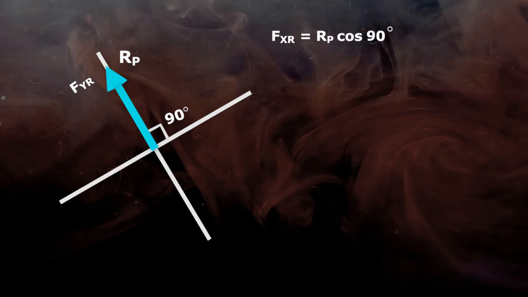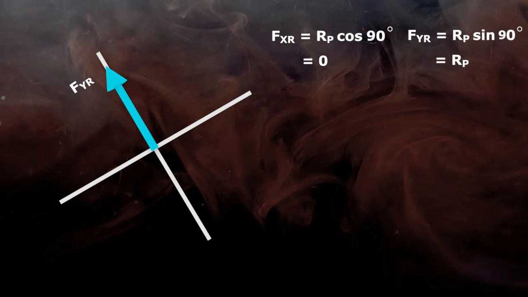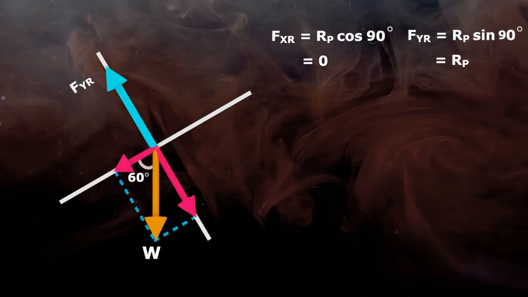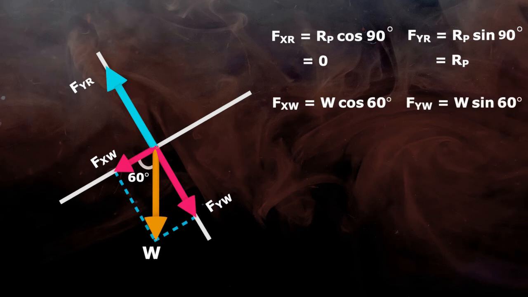So the x component Fxr will be Rp cos 90 equals 0 and the y component Fyr will be Rp sin 90, that is Rp. Similarly, weight W makes a 60-degree angle with the x-axis. So the x component Fxw is W cos 60 and the y component Fyw is W sin 60.